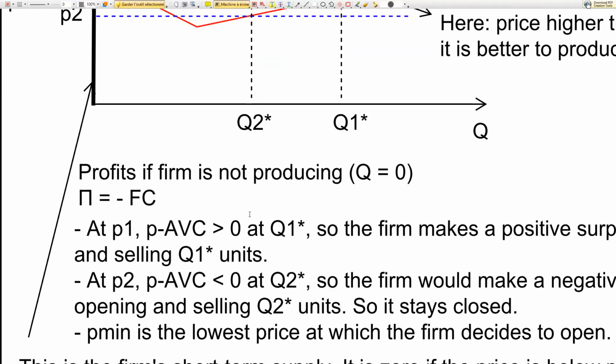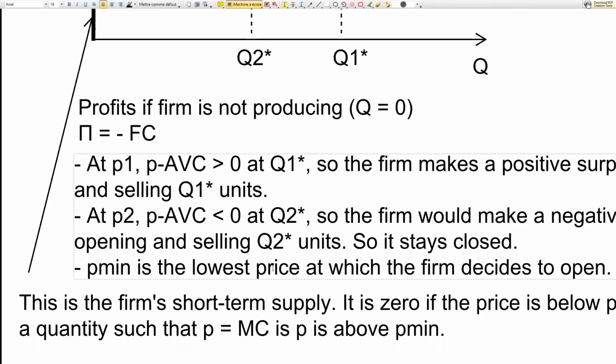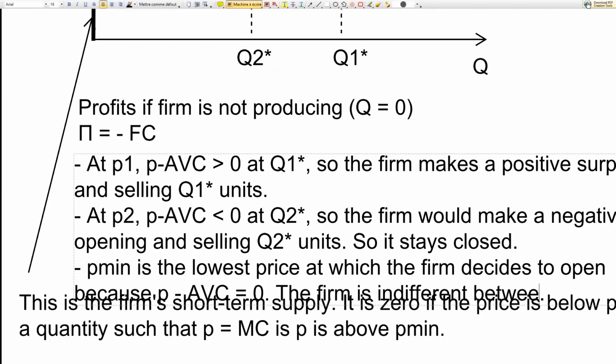So P minus AVC equals 0 means I'm indifferent between opening or not.